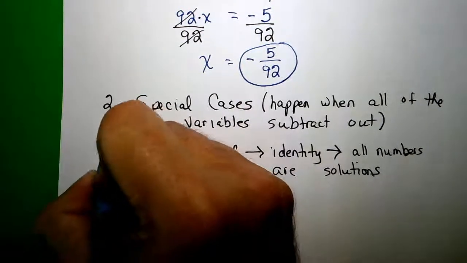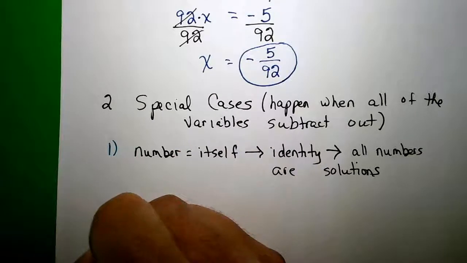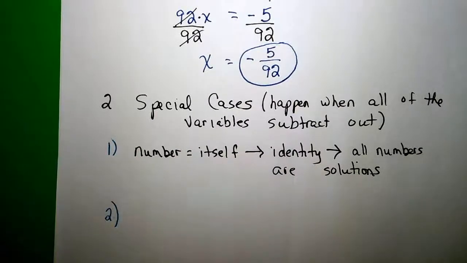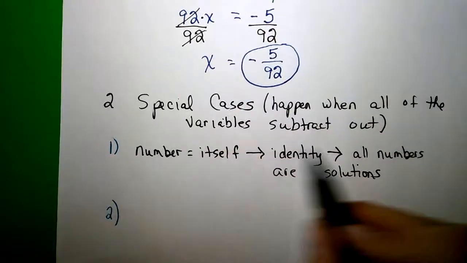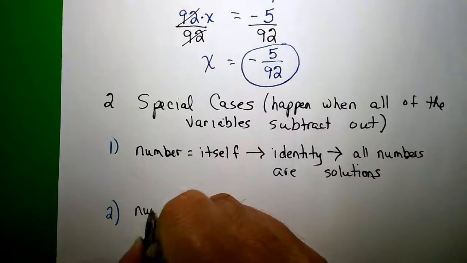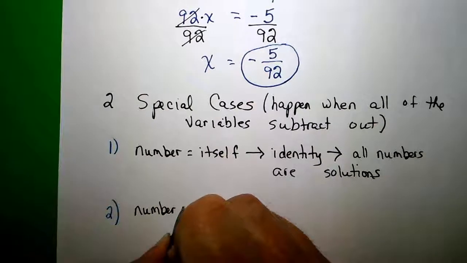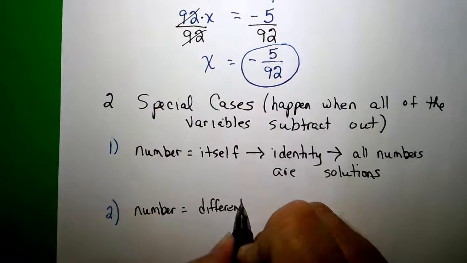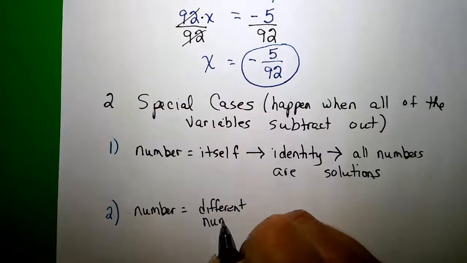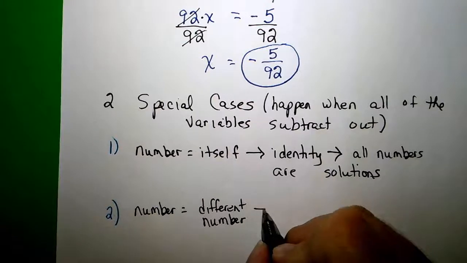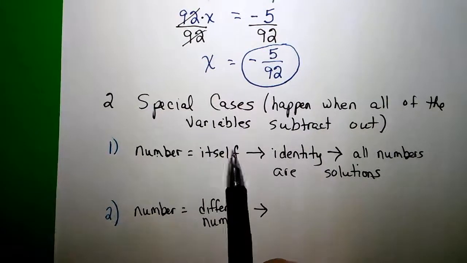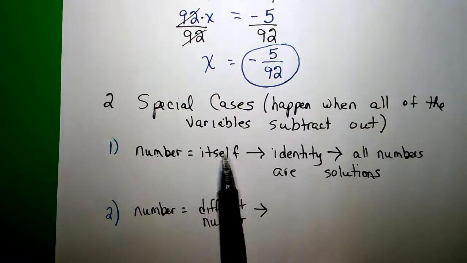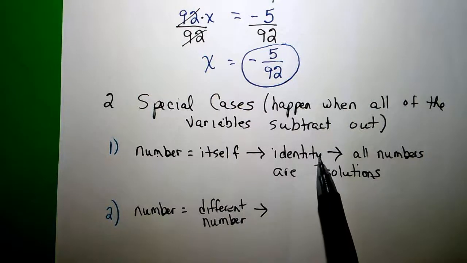The other special case is when all the x's or variables subtract out, and you get a number equal to a different number. It's a number other than itself. If you get something like 7 equals 7, then your answer is going to be all numbers are solutions.